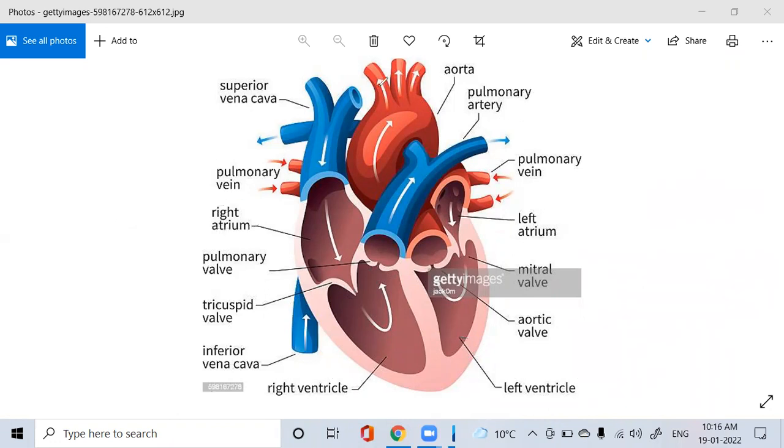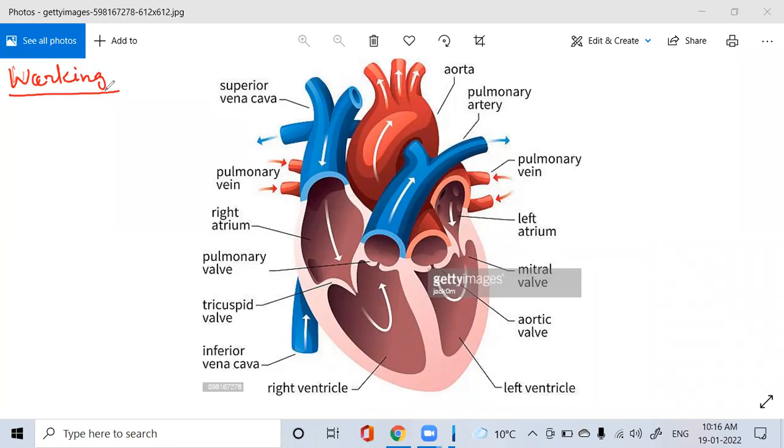Now we are going to discuss the working of the human heart, that is, how does it work? Let's see how the human heart works. So dear children, please listen to me very carefully.